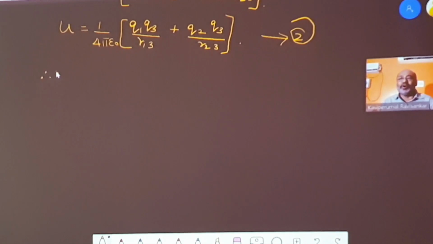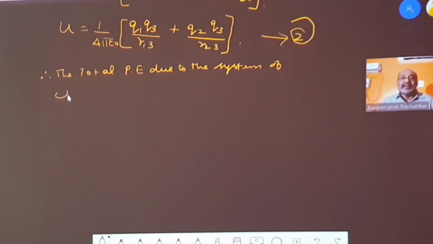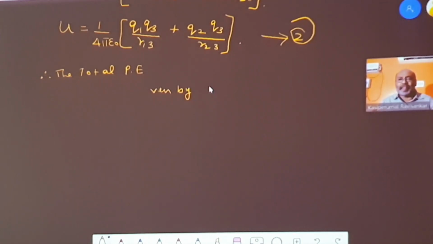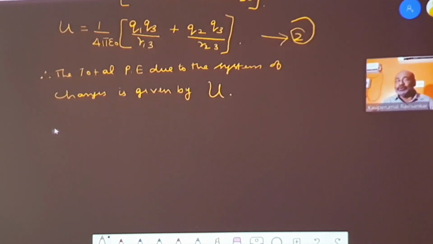Therefore, the total potential energy due to the configuration, the system of charges, is given by total U.